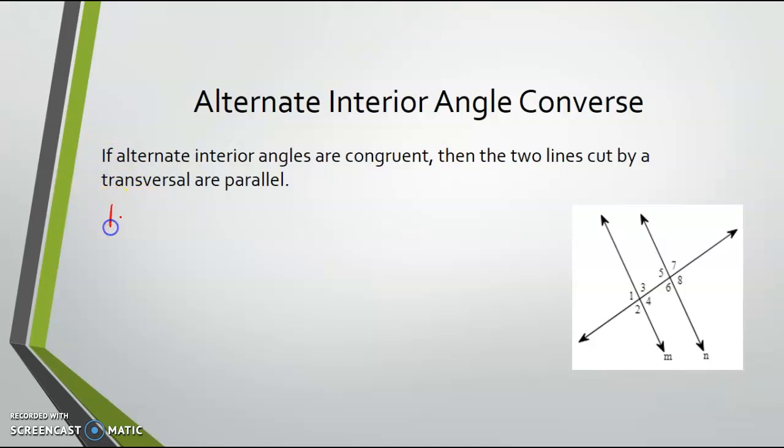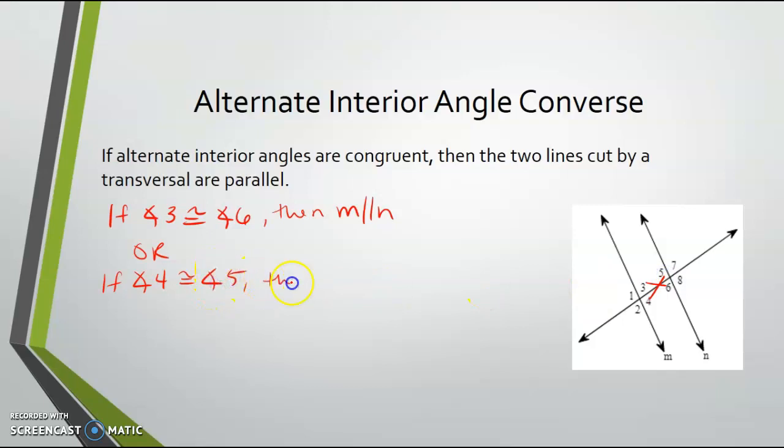So that means that if angle 3, so here's angle 3, its alternate interior is angle 6, is congruent to angle 6, then M is parallel to N. Or if angle 4 is congruent to, so 4 is with 5, angle 5, then line M is parallel to line N. So again, if I have a pair of alternate interior angles congruent, then the lines that they are between are parallel.